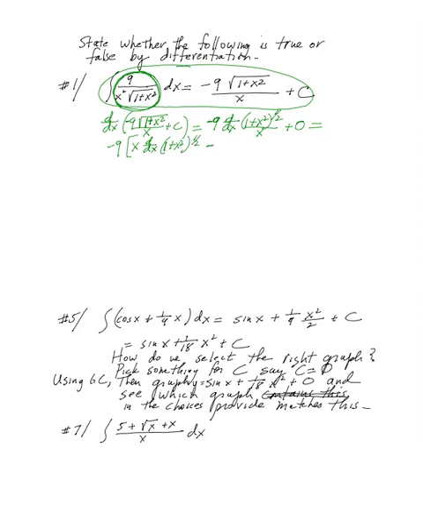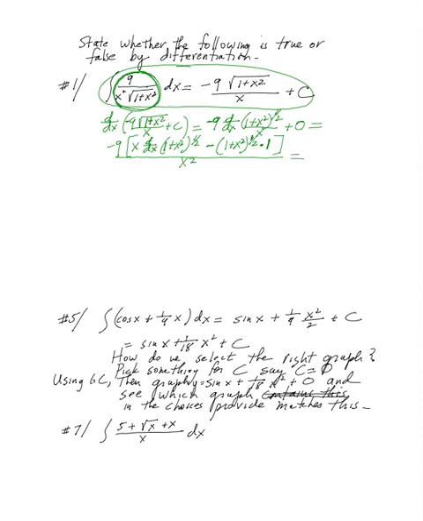I'm going to write my road map. Minus the top times the derivative of the bottom, but the bottom is just x, so I know that's 1, all over bottom squared.